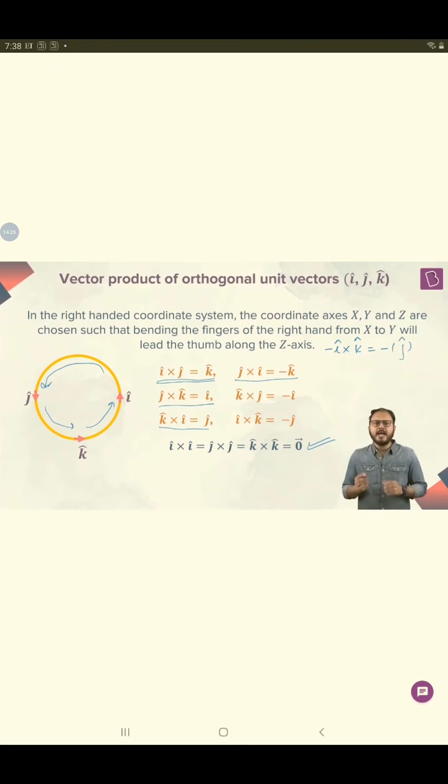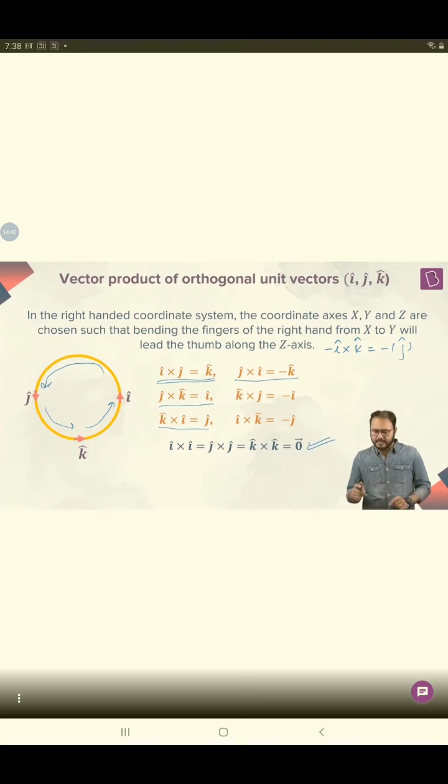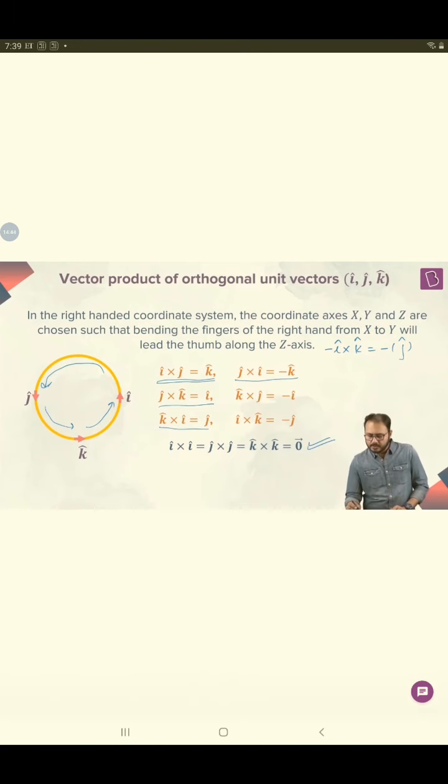Who's the third guy? i and k are involved. Third guy is j. Tip number 3: check the order. i, j, k, and then comes i. So the correct order is k cross i. This is i cross k, so put an extra minus sign. Minus i cross k is minus of minus j, which is plus j.